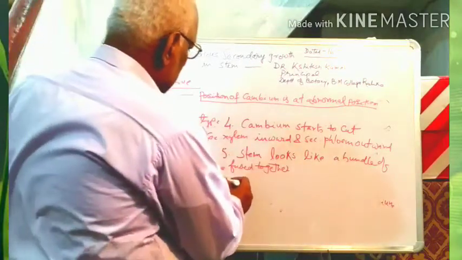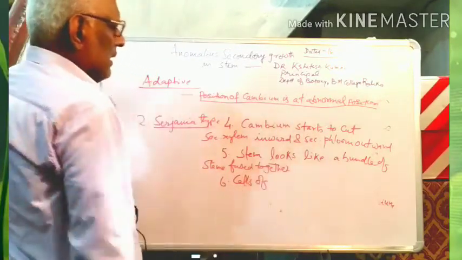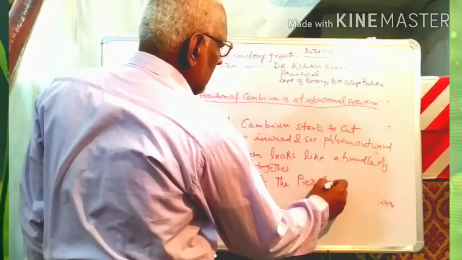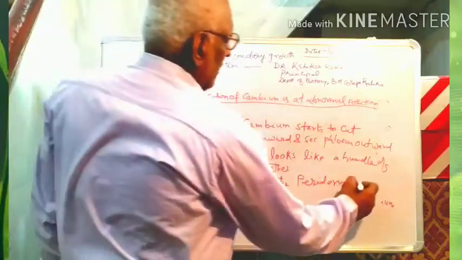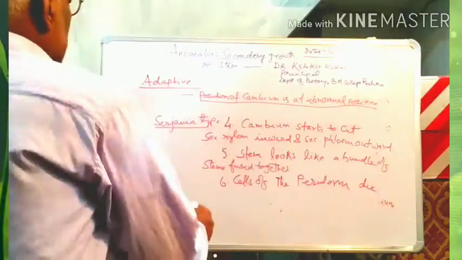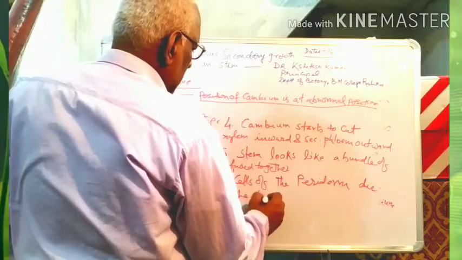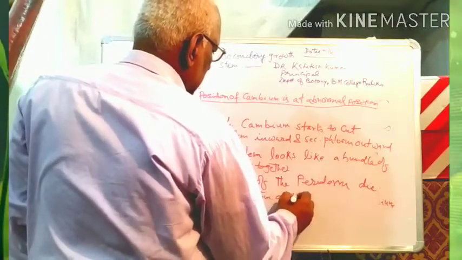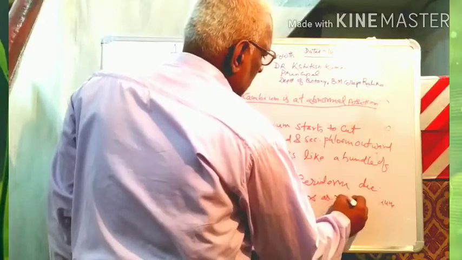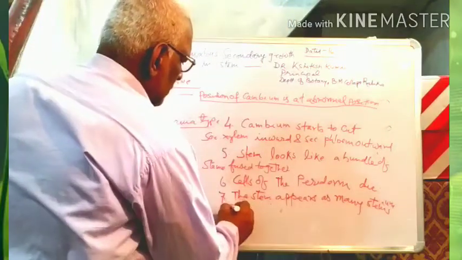Later the cells of the periderm die, and hence the stem appears as many stems fused together.